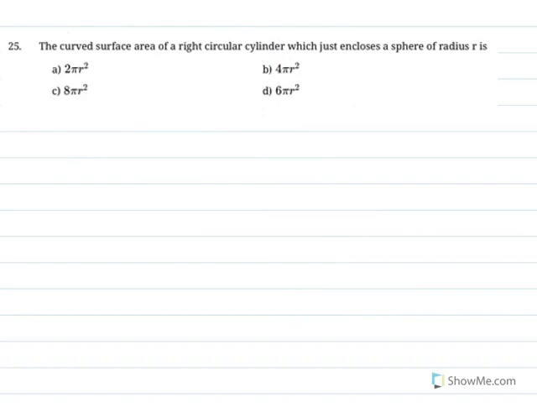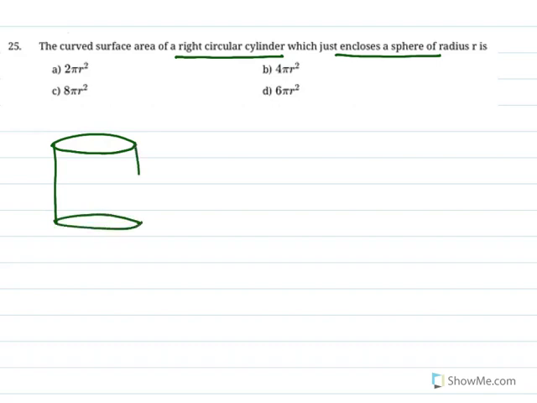The curved surface area of a right circular cylinder which encloses a sphere. So here we have a cylinder, and this cylinder encloses a sphere, this is your sphere. This is the height h of the cylinder, which is equal to 2r.